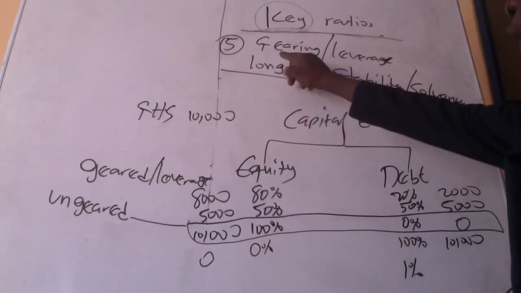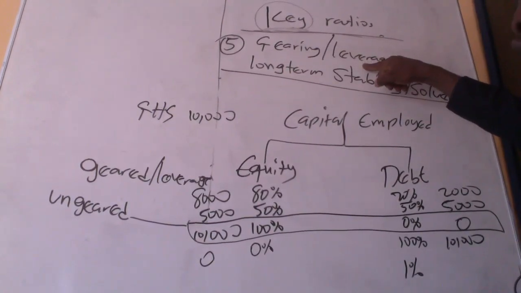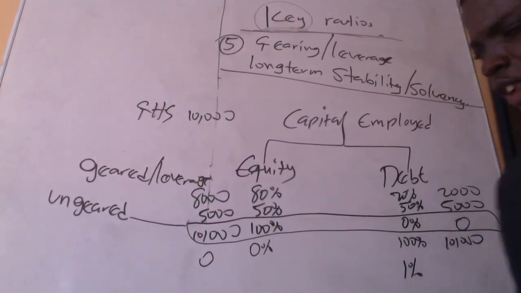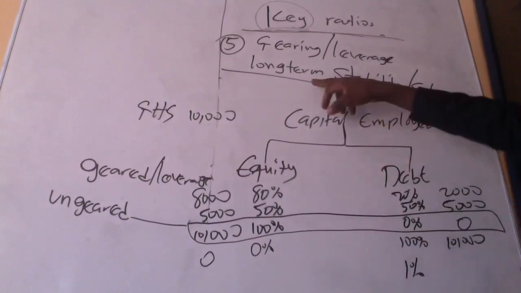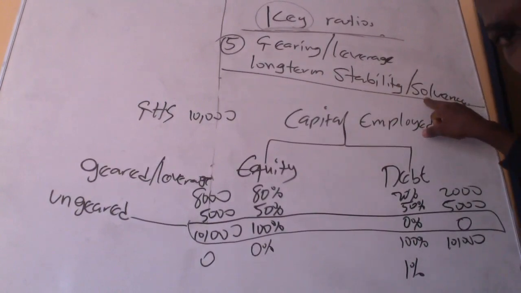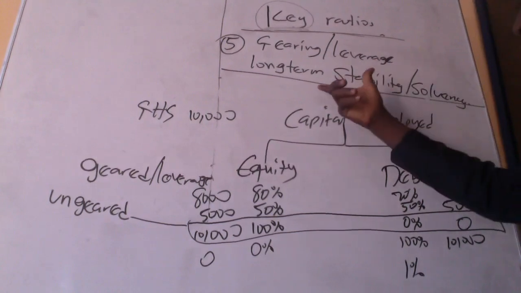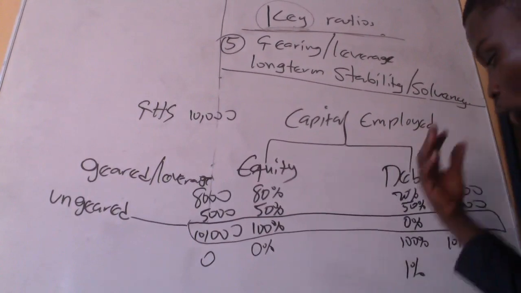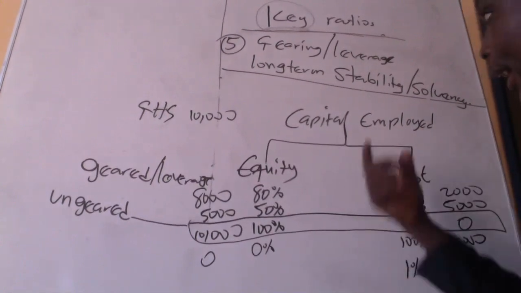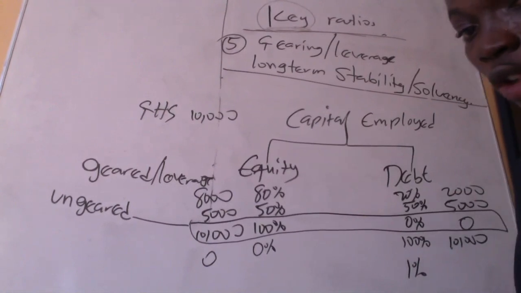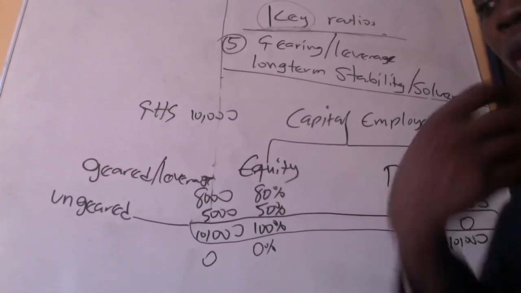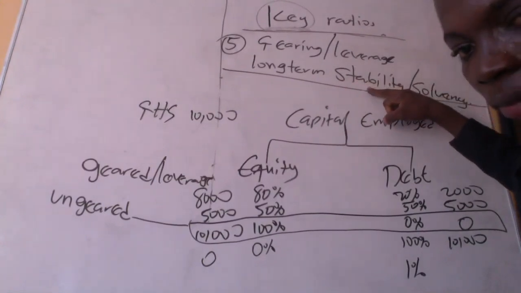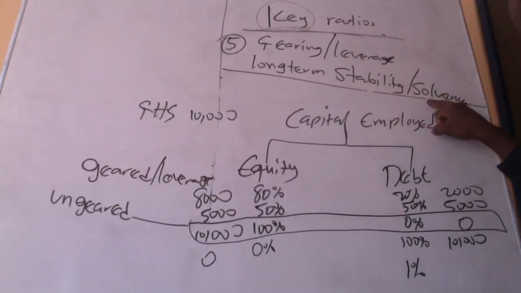So basically, you've seen this, right? If you are talking about the gearing or leverage ratio, then you should talk about how you manage your debt, your ability to properly manage your debt and to be stable and solvent. Because if you don't manage your debt well, it will get to a point where you can't pay. Always you are taking loans, and when you start paying the interest, or servicing the loan, the stability of your company, or your solvency, is in doubt.